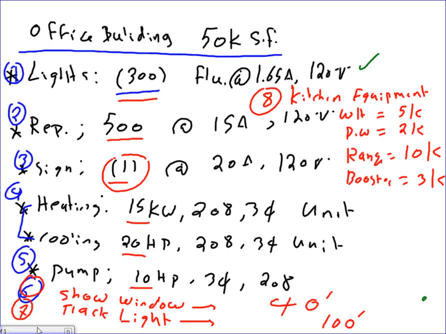And I have a pump that's doing some function. It's a 10 horsepower 208. I have a show window to show things, and it's a 40-foot show window. I have a track light of 100 feet and kitchen equipment: water heater 5, dishwasher 2, range 10, and booster 3, water booster 3.